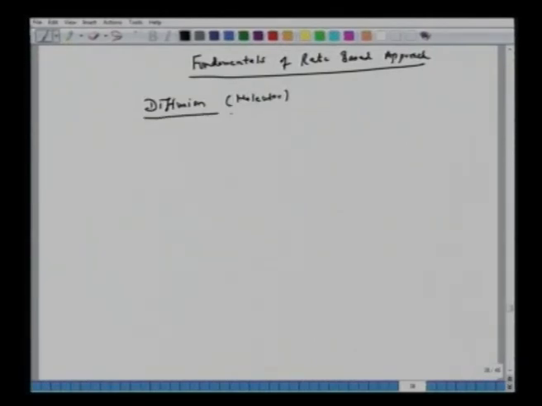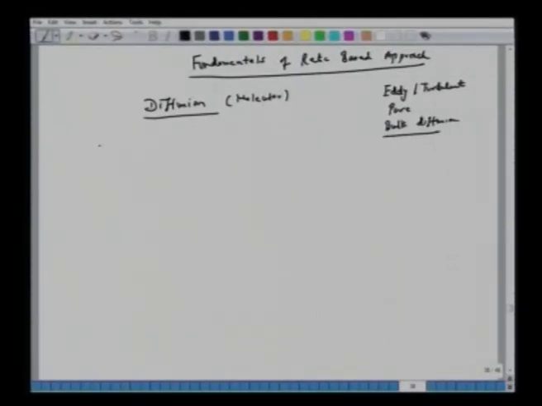Alright, so when we say molecular diffusion, it's different from eddy diffusion or diffusion in turbulent flow, or pore diffusion or bulk diffusion. Alright, so there are different classifications for this diffusion. What we are discussing here is molecular diffusion.